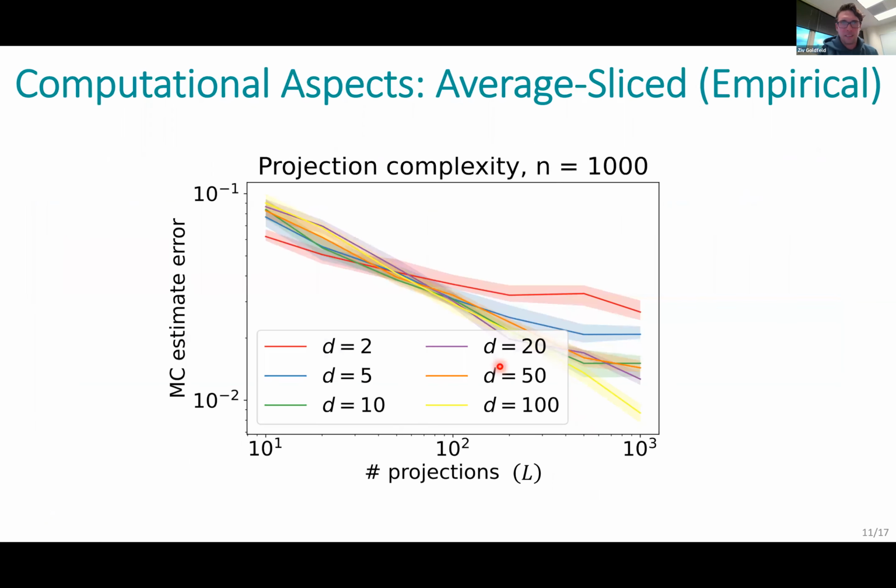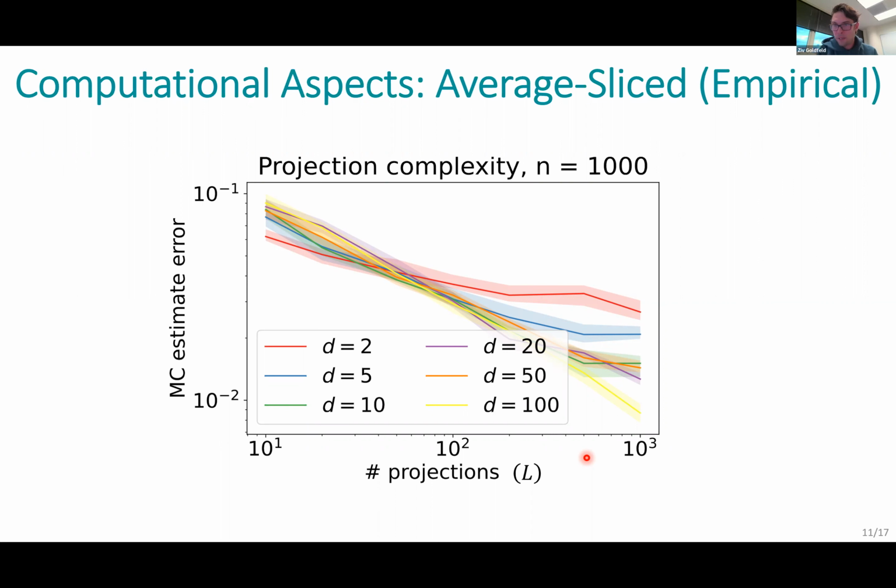And here's a simple simulation in that regard. This is just some isotropic Gaussian setting, but you can note that the Monte Carlo error indeed becomes smaller as dimension grows, which is consistent with the theory. And that's pretty much what I wanted to say about computing average slice distances, essentially Monte Carlo integration. Now we have strong bounds as far as how accurate these estimators would be.